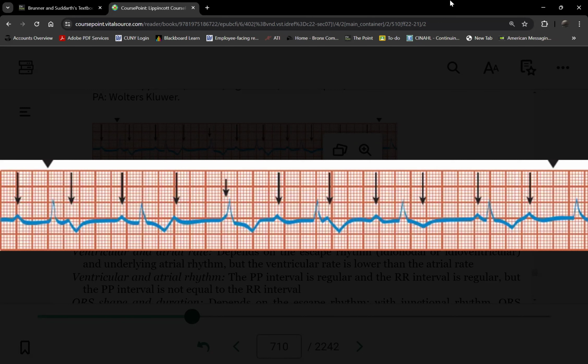Backup pacemaker. So this is now proof that the AV node is a backup pacemaker because it's not receiving any signal from the SA node. However, it's a pacemaker. So since it does not receive any SA node impulses, what will it do? It's gonna generate its own.